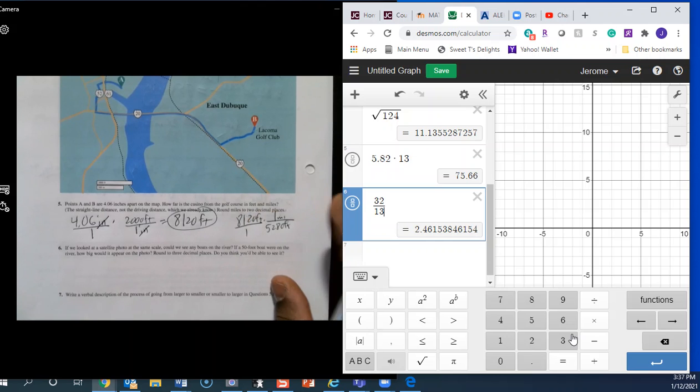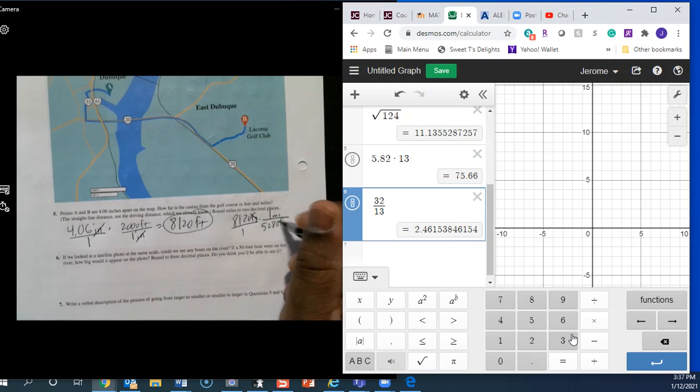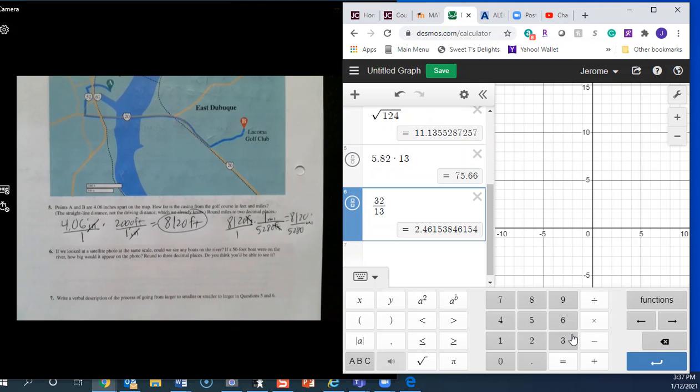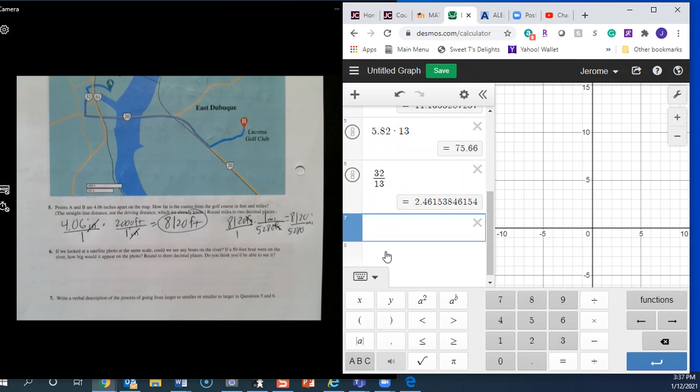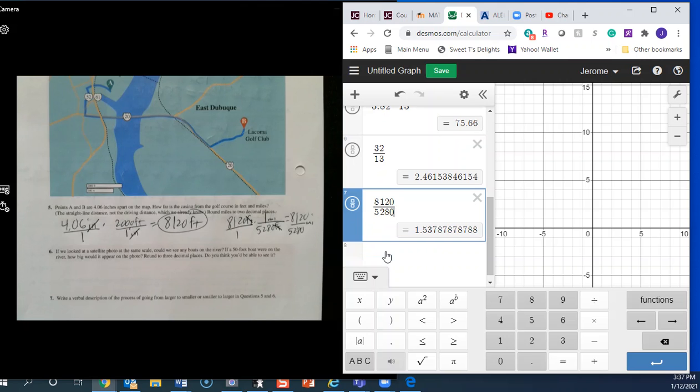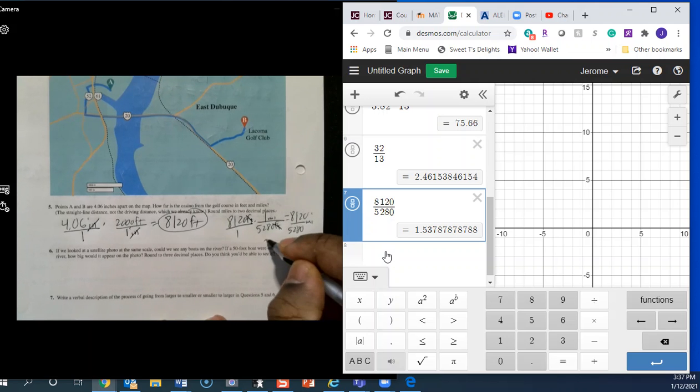We'll put this over 1. The feet will simplify out. And this will give us 8,120 over 5,280 miles. Now we need to put this in our calculator. So we will have 8,120 divided by 5,280. And that would give us approximately, if we round to 2 decimal places, which they asked us for, approximately 1.54 miles.